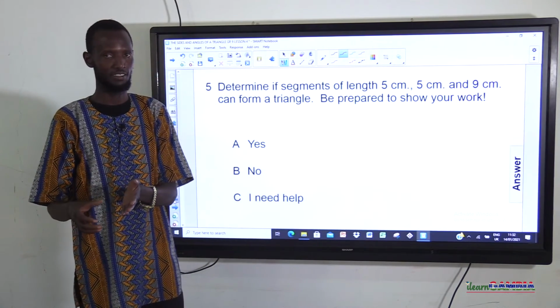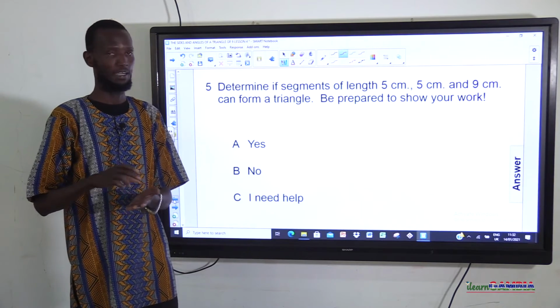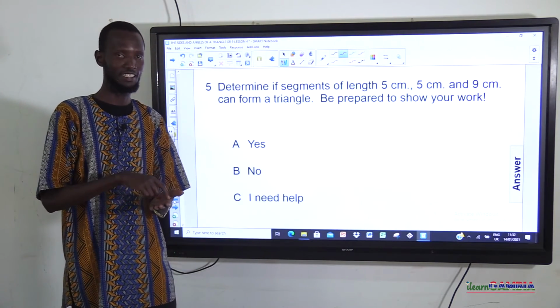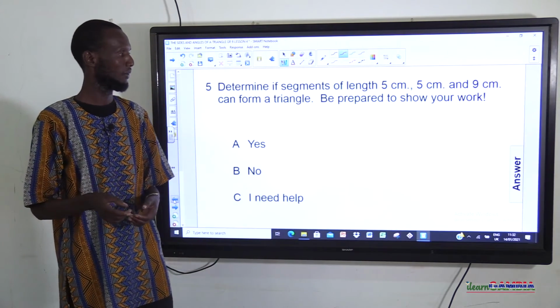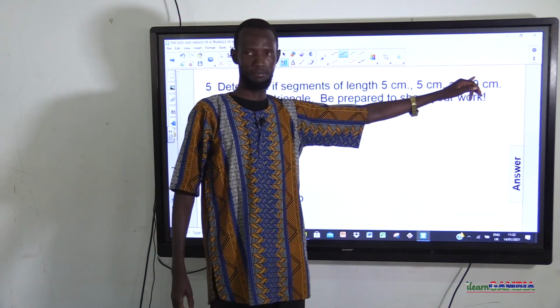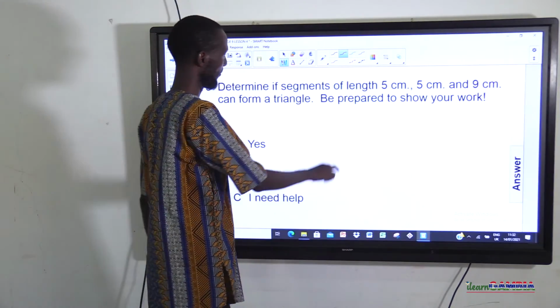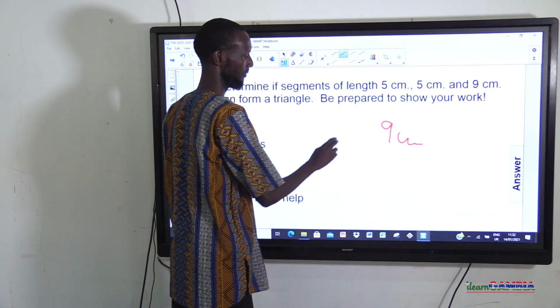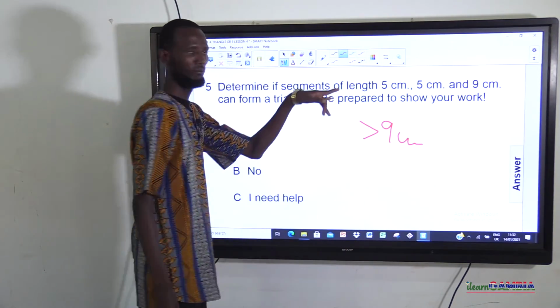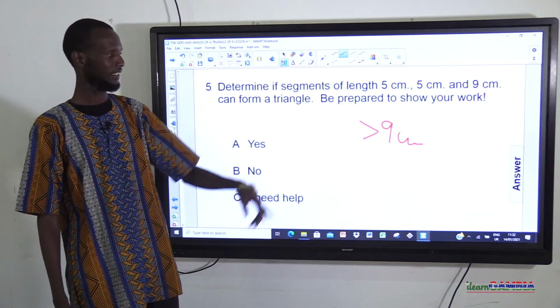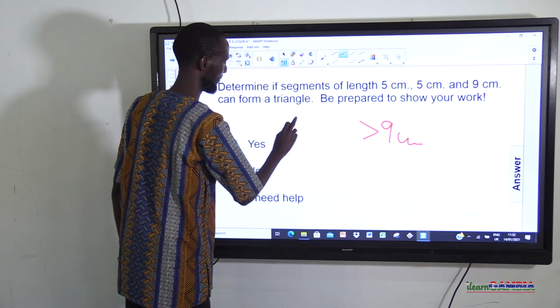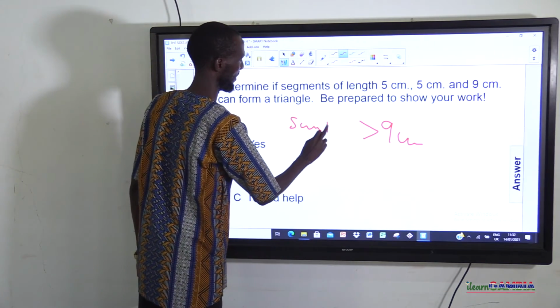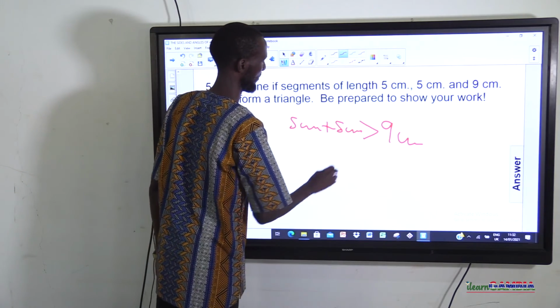Take the two shorter sides, add them up, and see if your answer is greater than the longest side. Here, our longest side being the 9 centimeters. So will it be less than the sum of the two shorter sides? Okay? That is the 5 centimeters and the other 5 centimeters.